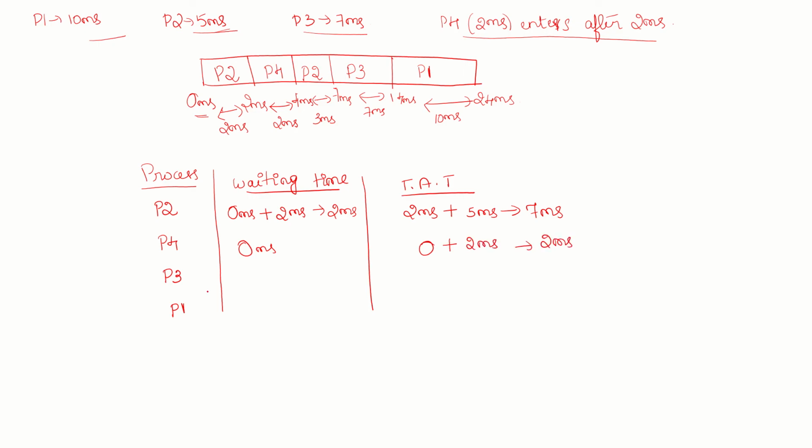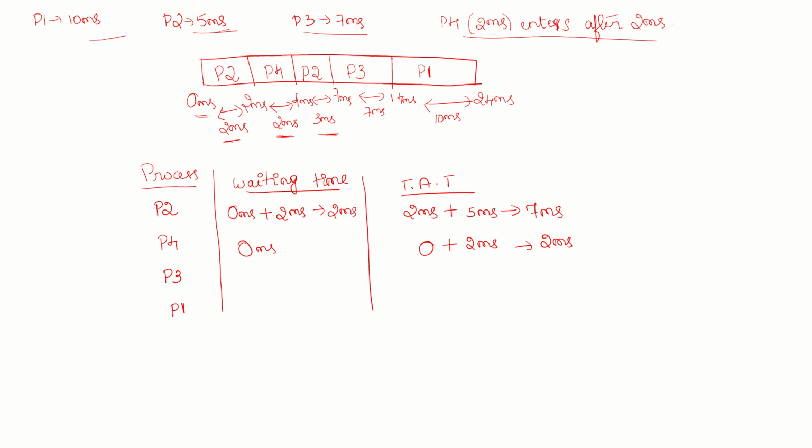Okay. Now for P3, it waited for 2 milliseconds at the beginning. First it waited for 2 milliseconds of P2. Next it waited for 2 milliseconds of P4. Again it waited 3 milliseconds for P2.